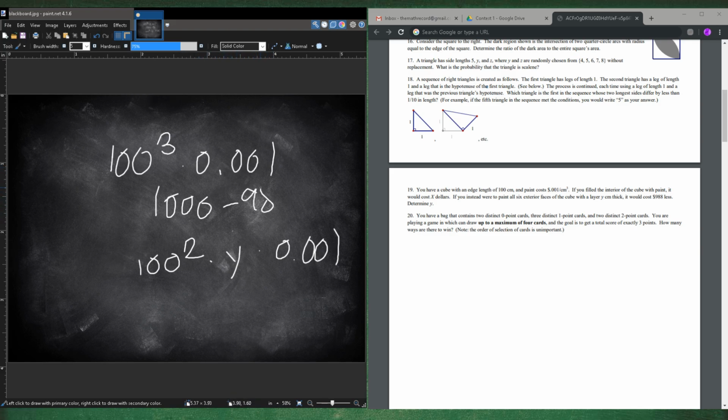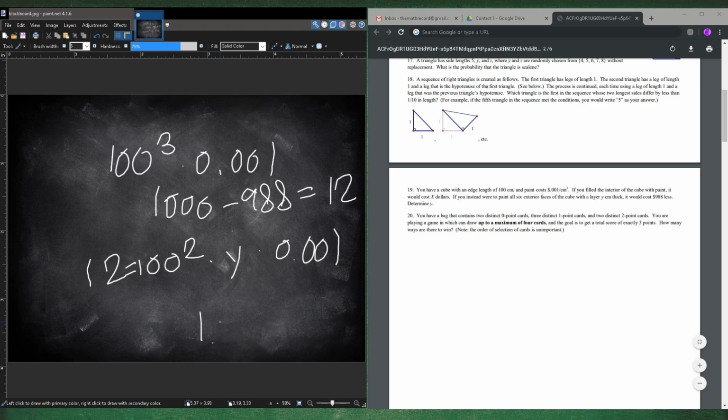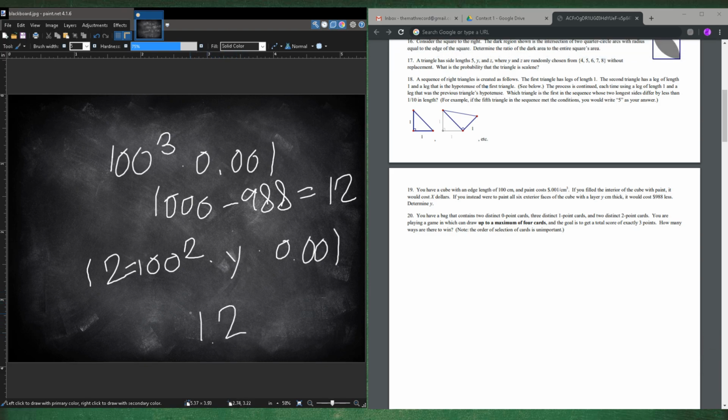So you minus 988 from 1,000, that gets you $12. So that equals 12. So we just need to solve for Y. We have 12 divided by 0.001 divided by 100 divided by another 100. You get Y as 1.2.